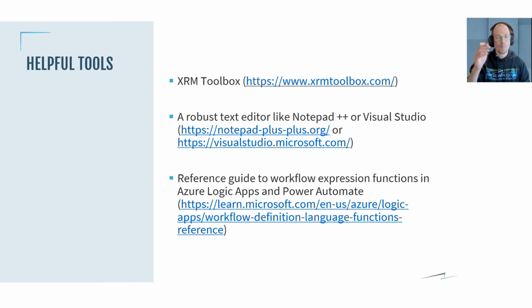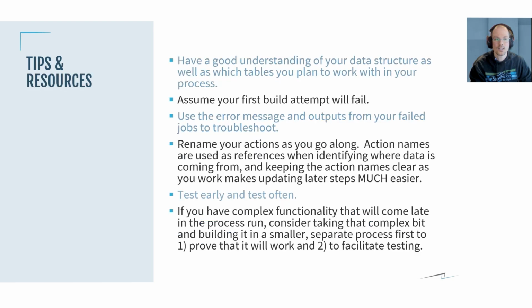But that link there will give you all of the expressions that are available in Power Automate, as well as what each expression is expecting as far as input from our side as the flow builder to allow it to run properly and do the thing that we need it to do. So that will be very helpful as you build out, again, more complicated Power Automate processes.